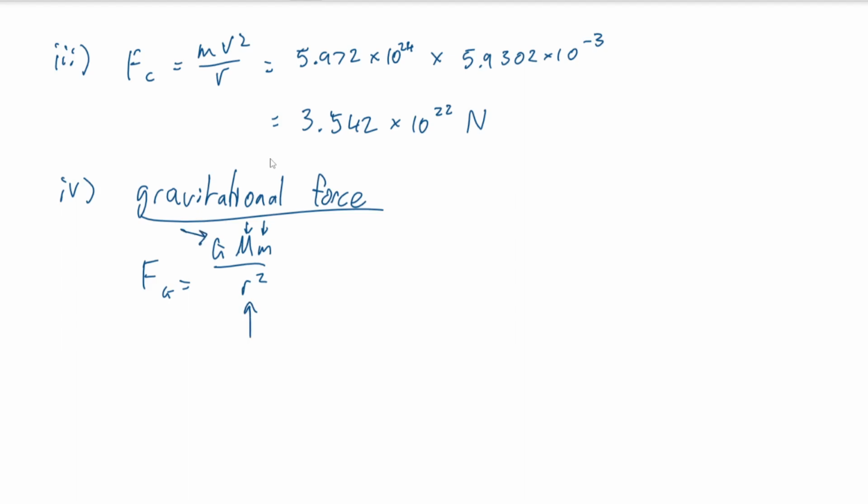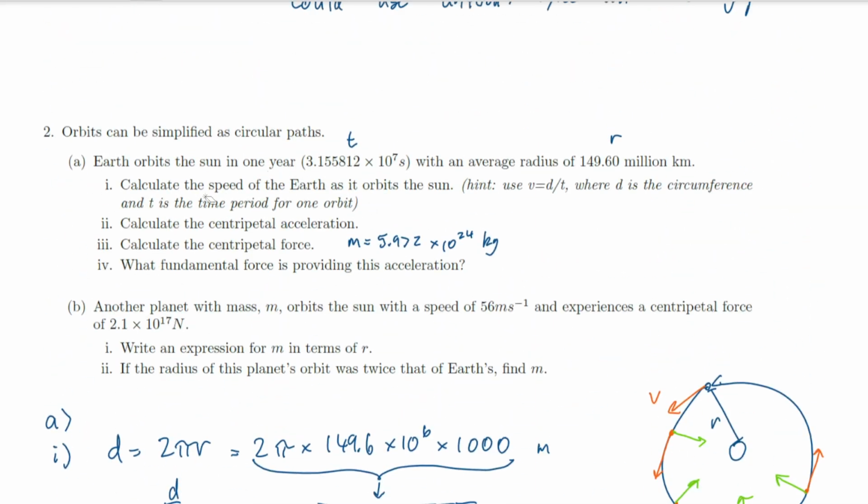And this capital G is a constant, right? Newton's law of gravitation. So if you've never seen this formula before, definitely look up the gravitational force to get a bit more insight into it. Now, what was next?